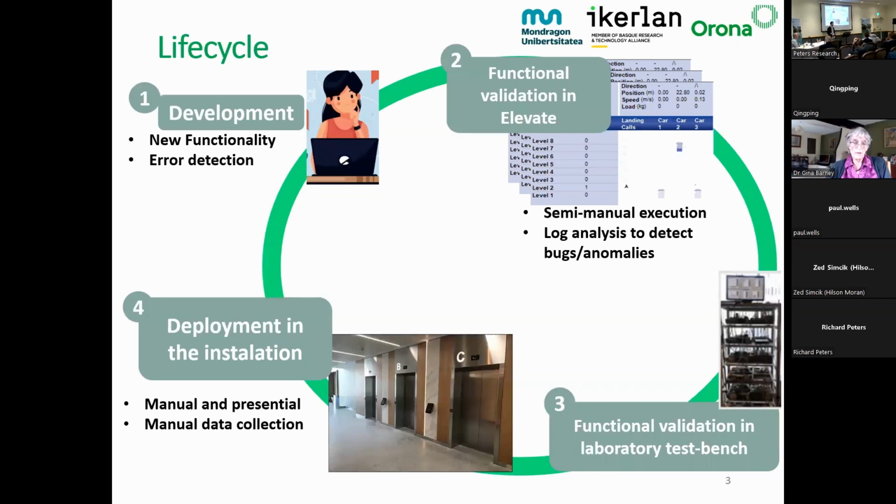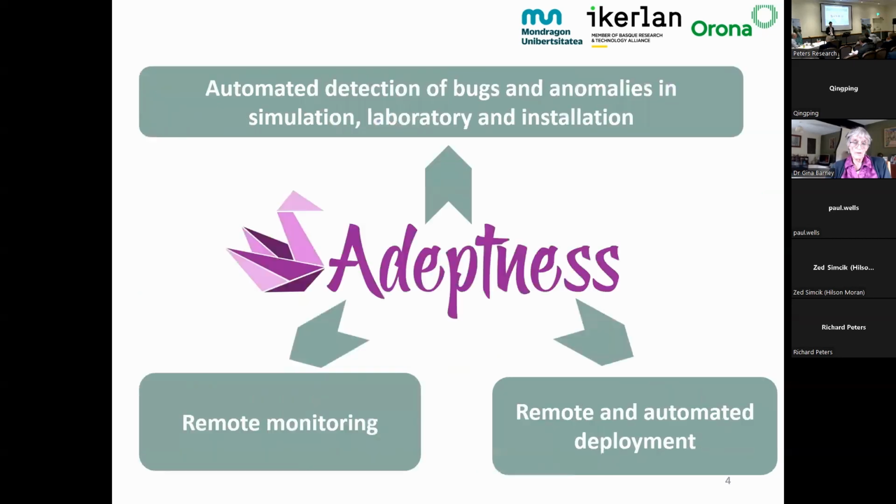Finally, once we validate this version in the hardware in the loop simulation, we go to the real installation and update the traffic dispatching algorithm. As you see, in all these four steps in the life cycle of a change, there are many manual processes, and many actors are involved.